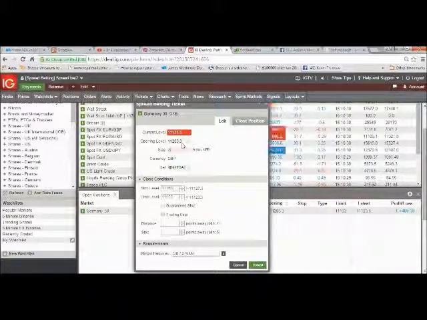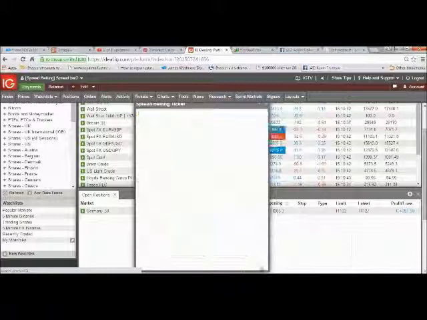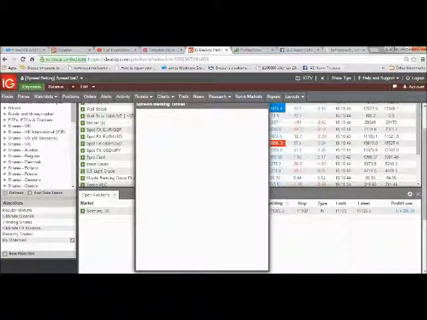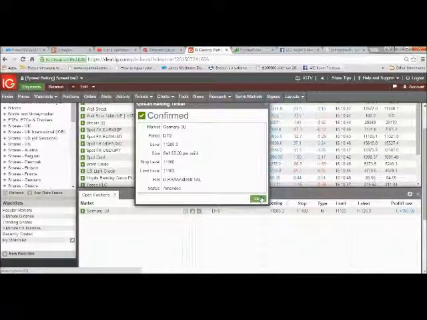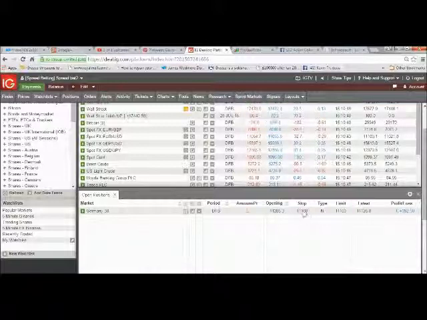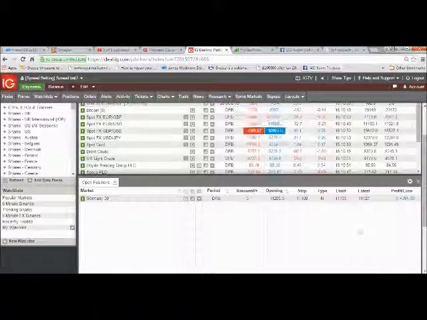So if I do get stopped out on this, I will still have banked the difference between 11,205 and 11,160. So that's 45 points at £5 per point. So I'm just going to submit that now, so the broker knows exactly what I want to do, and you can see that it's just registered there. So I can now just leave this to do what it does.